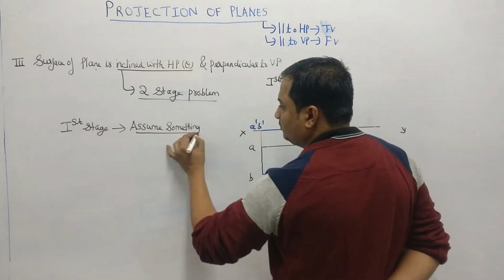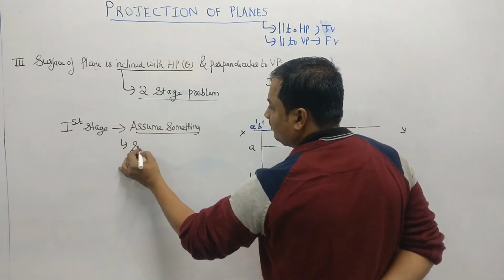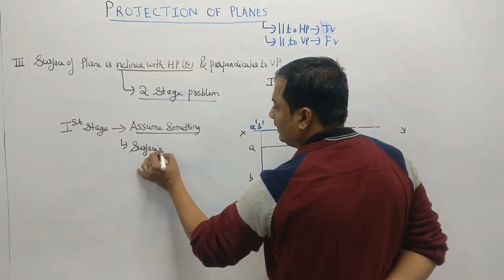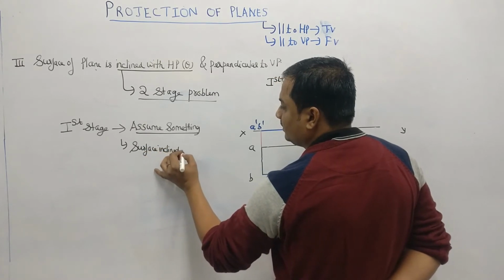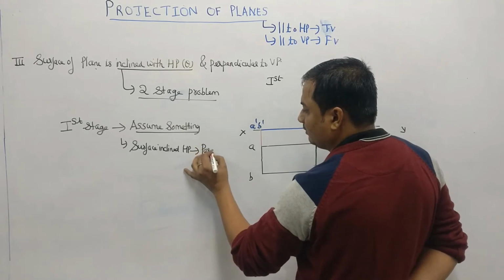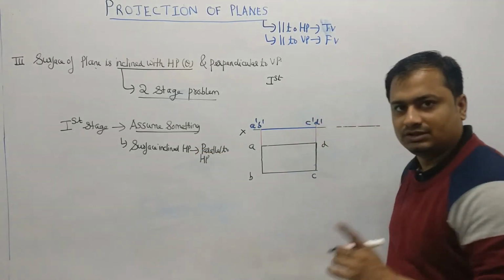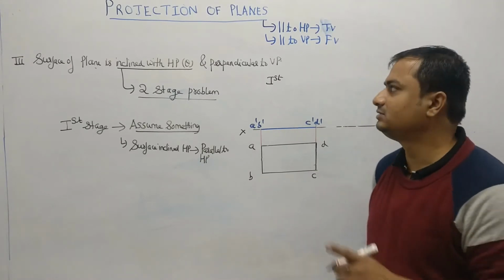You have to assume, if your surface is inclined with HP, you have to assume it parallel to HP. This is the assumption which you have to follow in this projection of plane.